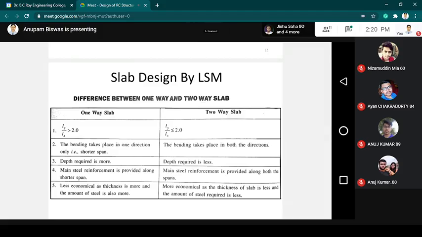The fourth point is that the main steel reinforcement is provided along the shorter span, because the shorter span is taking the maximum bending moment, so our main reinforcement is to be provided along the shorter span only for the one-way slab, whereas for a two-way slab the main reinforcement is to be provided for both spans, the longer span and the shorter span.